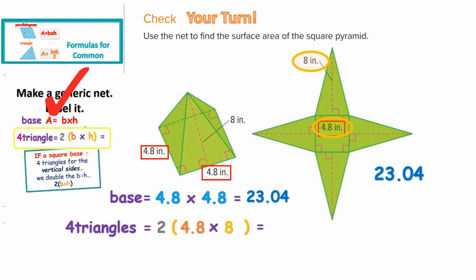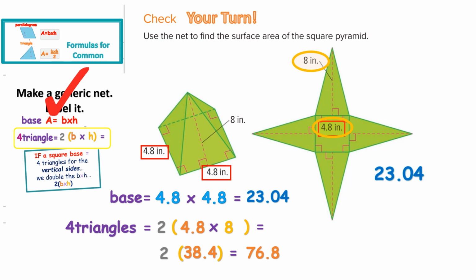Its height is indicated with the dotted line and the right angle, so it's perpendicular, so it has to be 8. Once again, order of operations, we're going to multiply on the inside parentheses first, and 4.8 times 8 gives you 38 and 4/10. Then when you double that, you end up with 76 and 8/10.